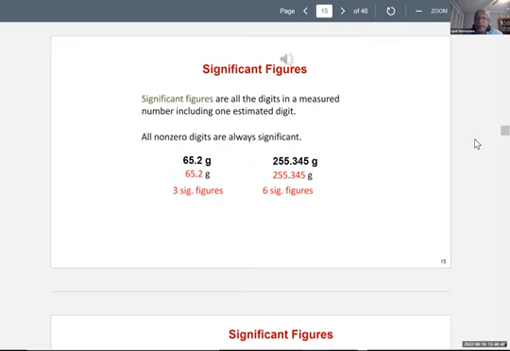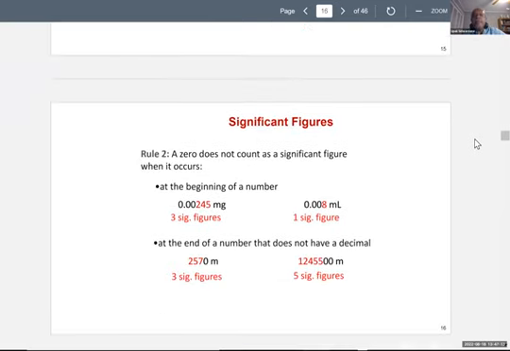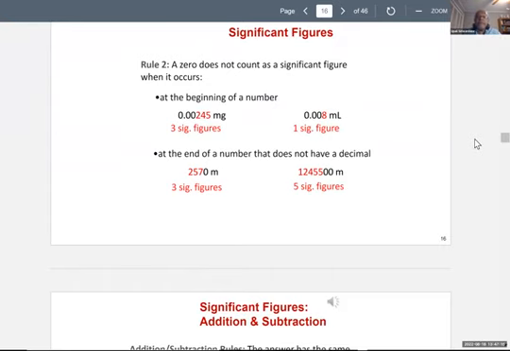The next number, 255.345, has 6 significant digits. You see, the rightmost 5 is the first one, then you count to the left: 1, 2, 3, 4, 5, 6 digits. Okay, that's how you tell a significant figure. These are examples of what I tried to explain in a previous slide.